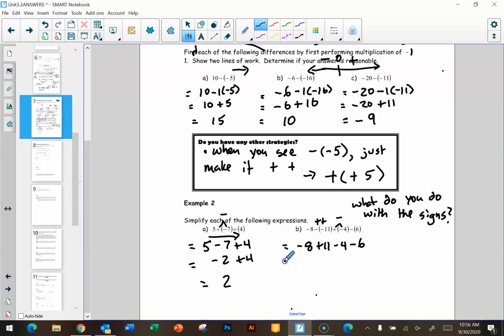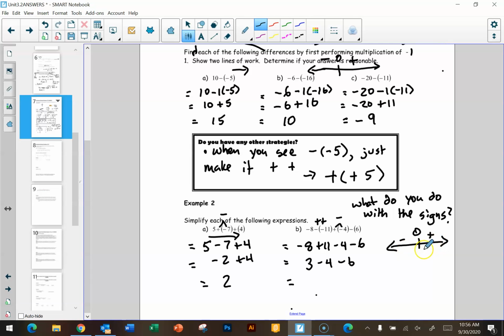So I just wrote this out in a way that makes more sense to me. I start out at negative 8, and then I jump 11 toward the positive, so I go past 0. If I start at negative 8 and make my way 11 steps toward the right, I'm going to end up at positive 3, right? I jump right past 0. Minus 4, minus 6. Okay, now I'm at 3, so I'm on the positive side. Then I've got to subtract 4, so I'm going toward the negative.